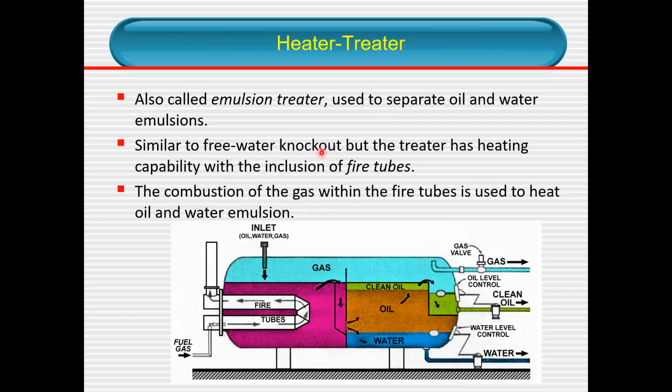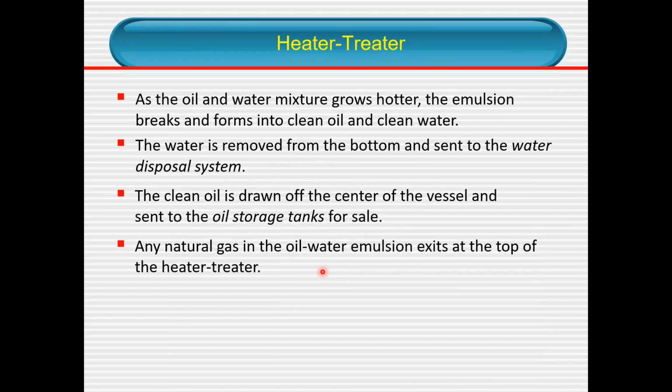Similar to the free water knockout, but the treater has heating capability, with the inclusion of fire tubes here. You just have heating elements. The combustion of gas within the fire tube is used to heat oil and gas. These are the mechanisms of the heater treater. As the oil and water mixture grows hotter, the emulsion breaks and forms clean oil and water.